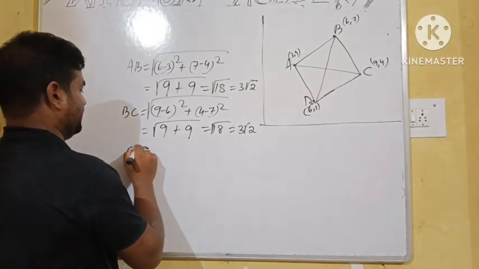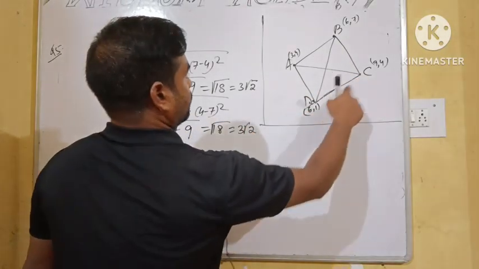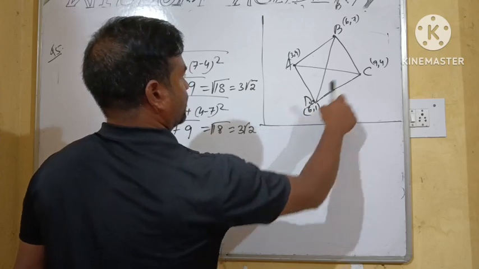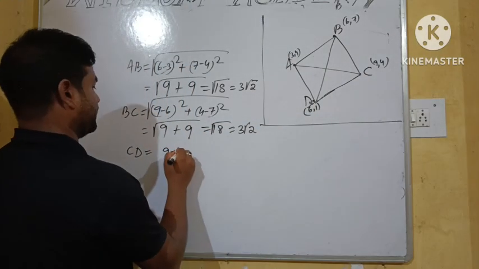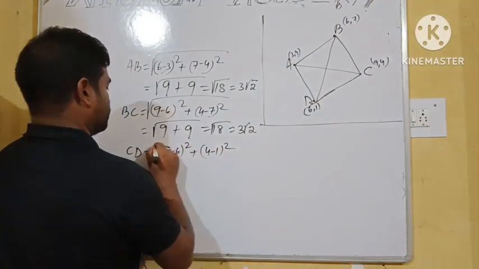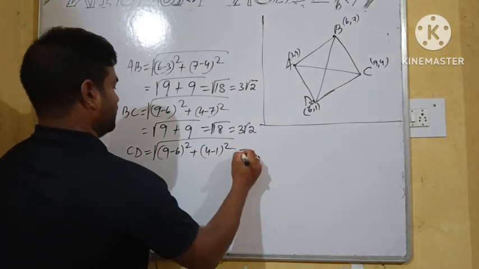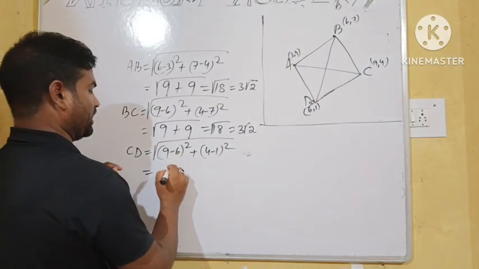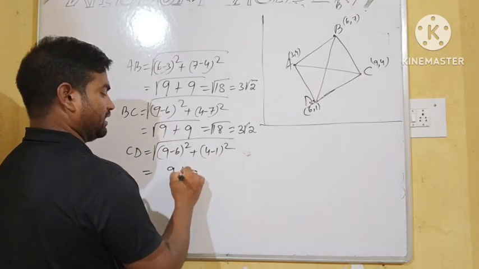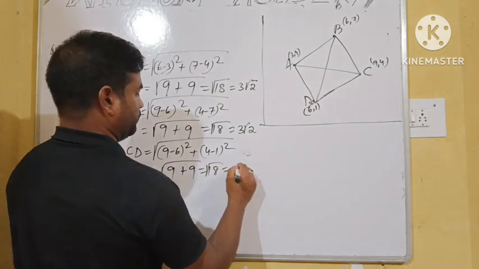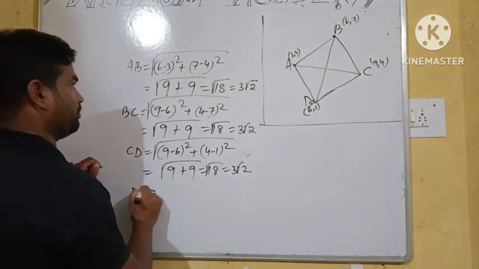Then CD. The coordinates of C are 9, 4, the coordinates of D are 6, 1. So square root of (9 minus 6) whole square plus (4 minus 1) whole square. 9 minus 6 is 3, the square is 9. 4 minus 1 is 3, the square is 9. Square root of 18, which is 3 root 2. And also you have to find DA.